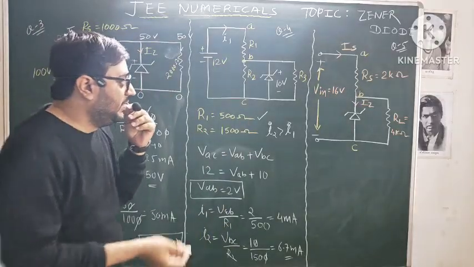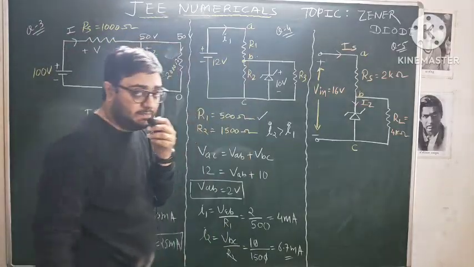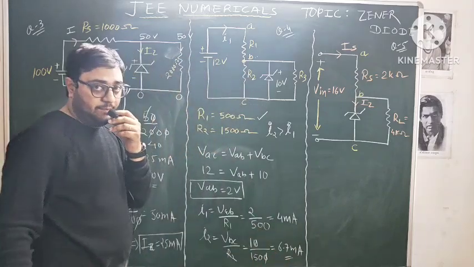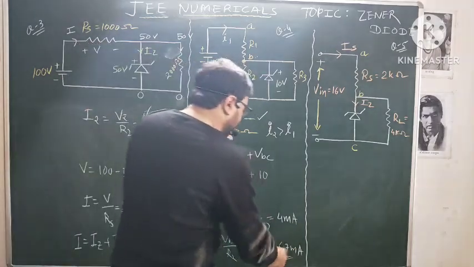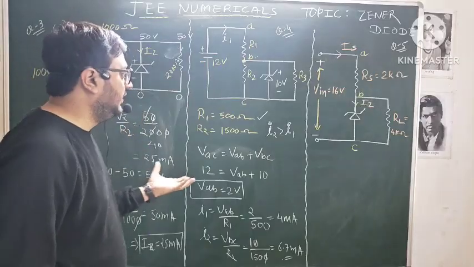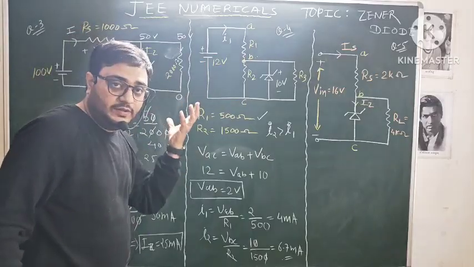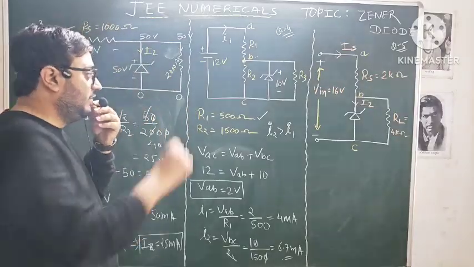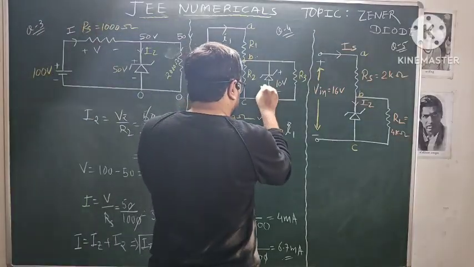Now this 4 milliampere further divides at junction B, so it cannot be more than 4 milliampere. But we get the answer more than 4 milliampere. So current will not pass through the Zener diode.